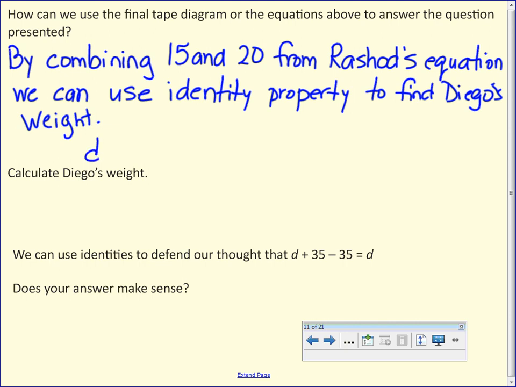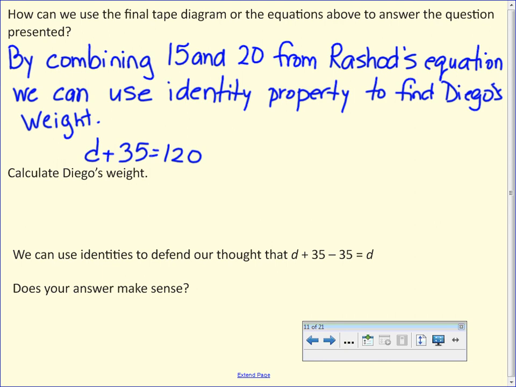Because we want Diego's weight, and we know that D plus 35 is 120. So our goal was to find Diego. Okay, we didn't have to find Juan's weight from last year, which was 100.